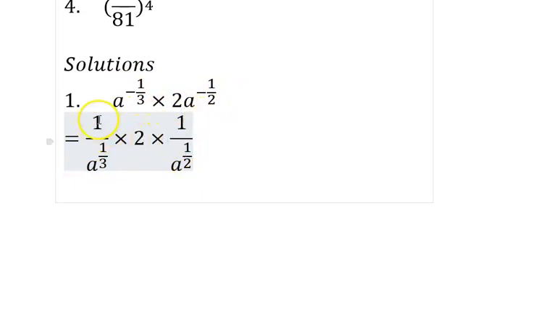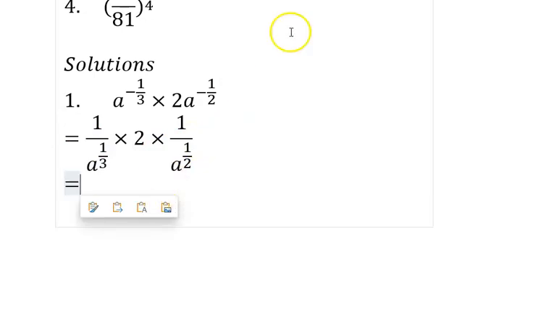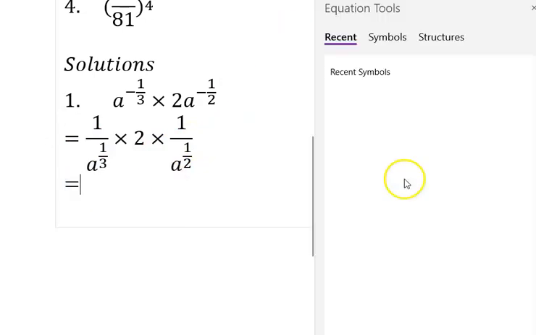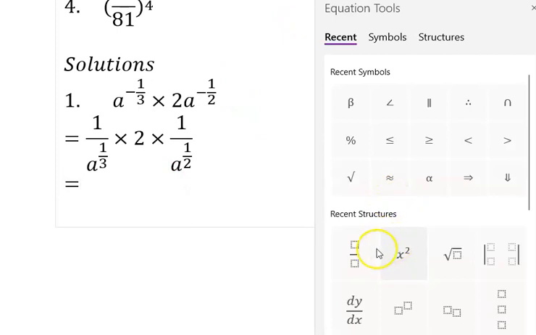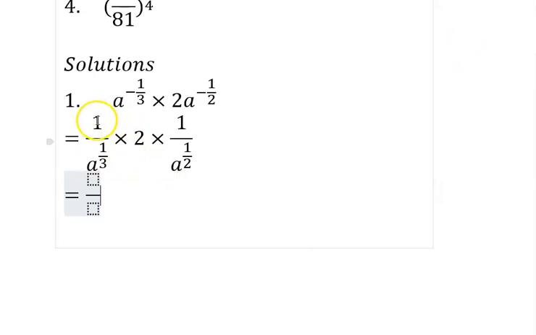So what we just need to do now is to multiply all the numerators, 1 times 2 times 1. That's what we need to do. So let's quickly do that. Awesome. So multiplying all these numerators, 1 times 2 times 1, gives us 2.